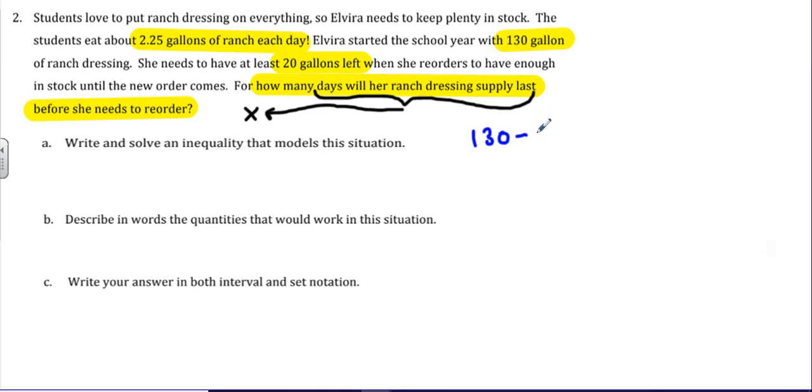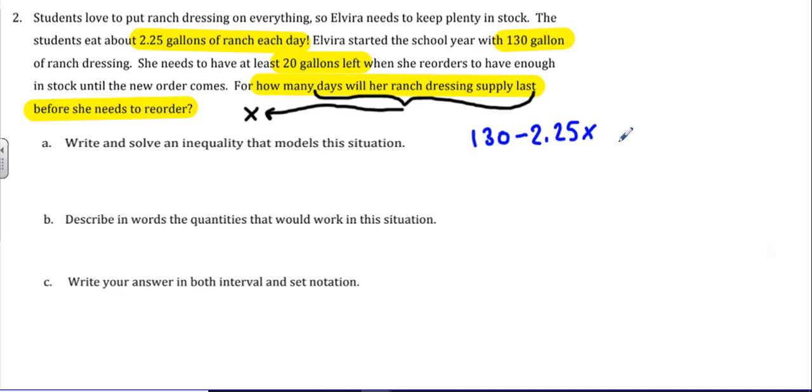She uses this at a rate of 2.25 gallons every day. So she has 130 gallons, and then she's losing 2.25 gallons per day. This 2.25x represents how much is being used, and we're subtracting that from the 130 that she has.